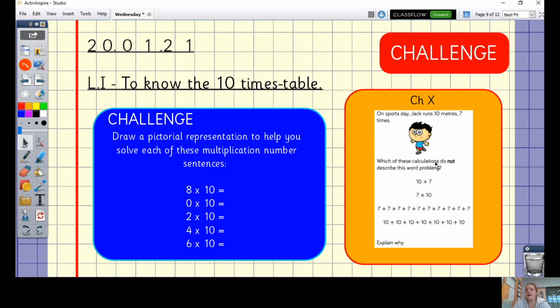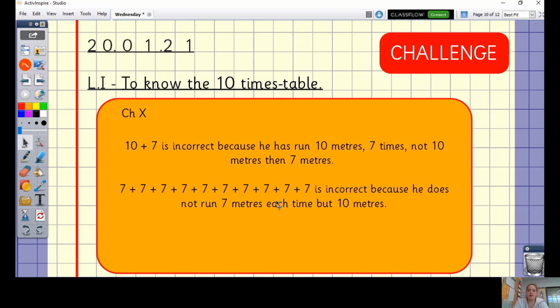You may want to find the calculations that do describe the word problem and cross those ones out so that you know those are not the right answers. Now, once you've decided which calculations do not describe the word problem, I want you to explain why. So you may want to write down the 2 number sentences that don't describe the word problem and then write down your reason.